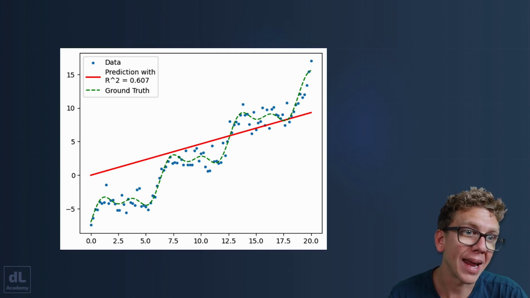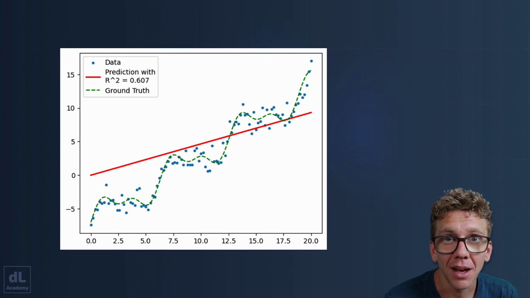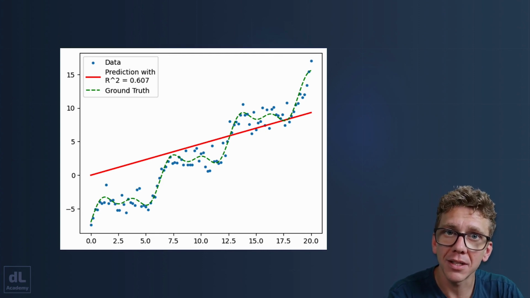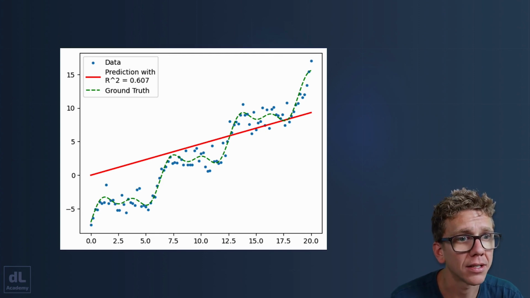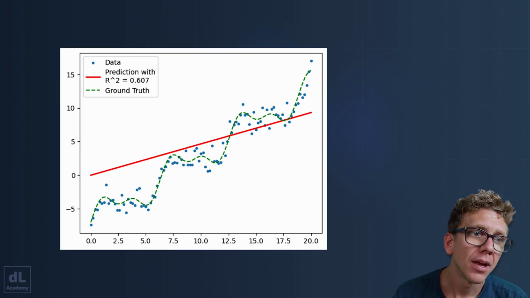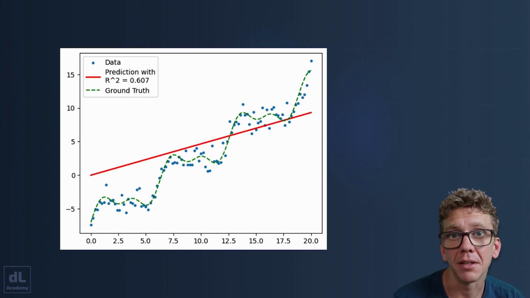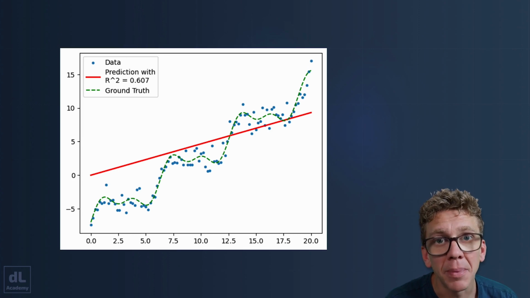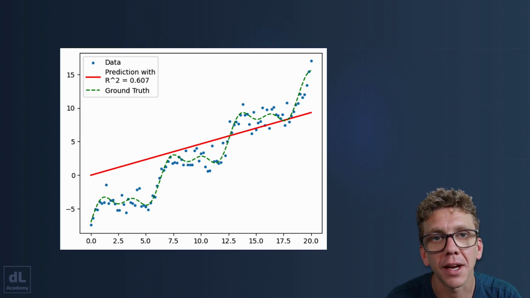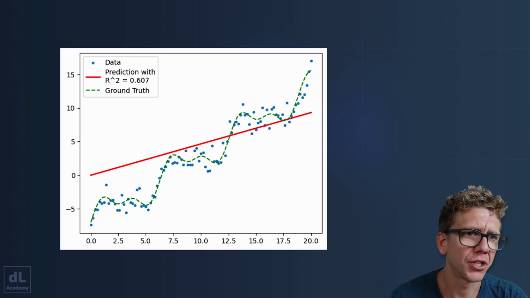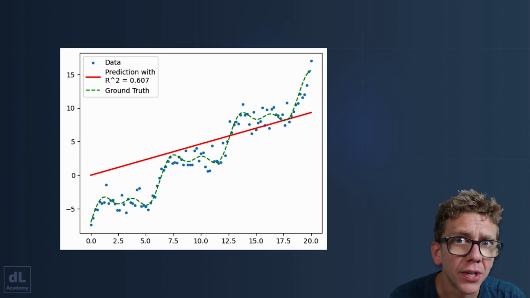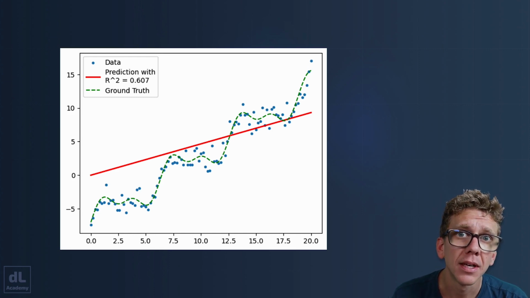Now, if we had a data set like we do here, and we're going to explore this data set, by the way, in code, so you can generate these things and solve the model on them. Here we've got a ground truth function. It's in dotted line green. It's doubly periodic. It's sort of linearly increasing. So if we plot a linear model to it, where the data is sampled noisily around it in blue dots, then the linear model is not very good.